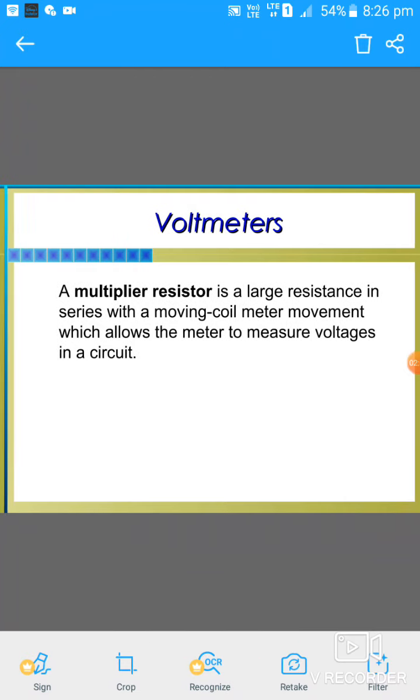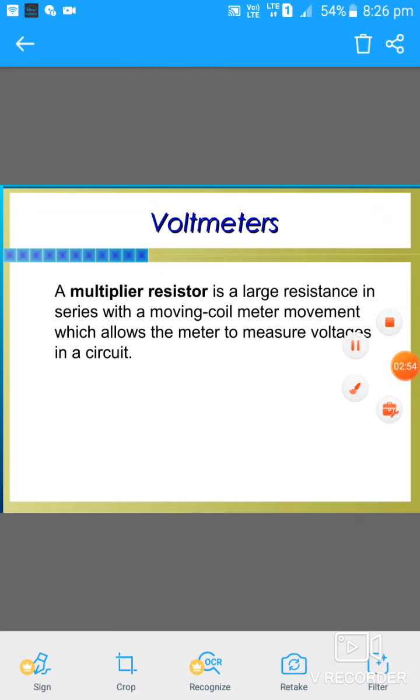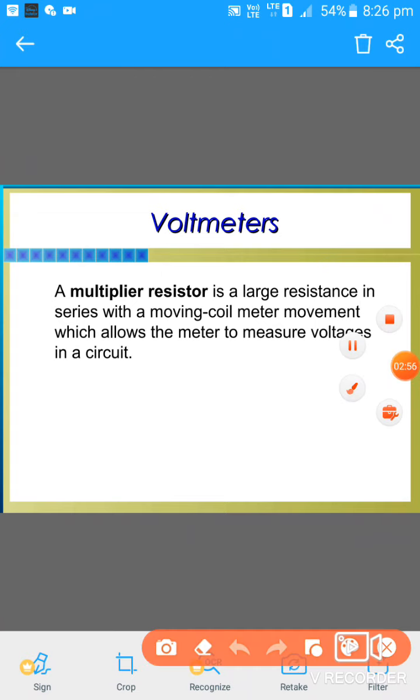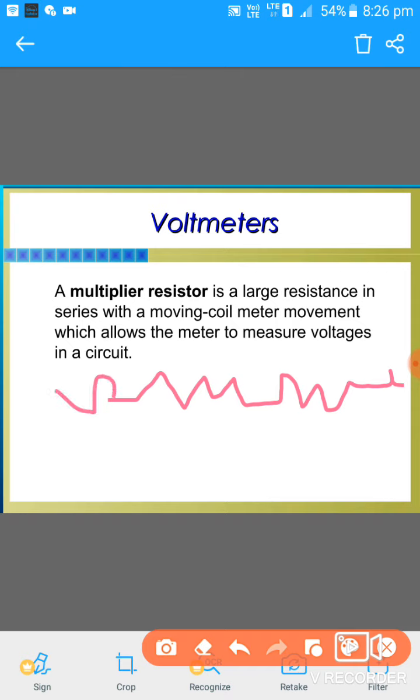This one is R1, this one is R2, this one is R3, right student? A large resistance in series with a moving coil meter.